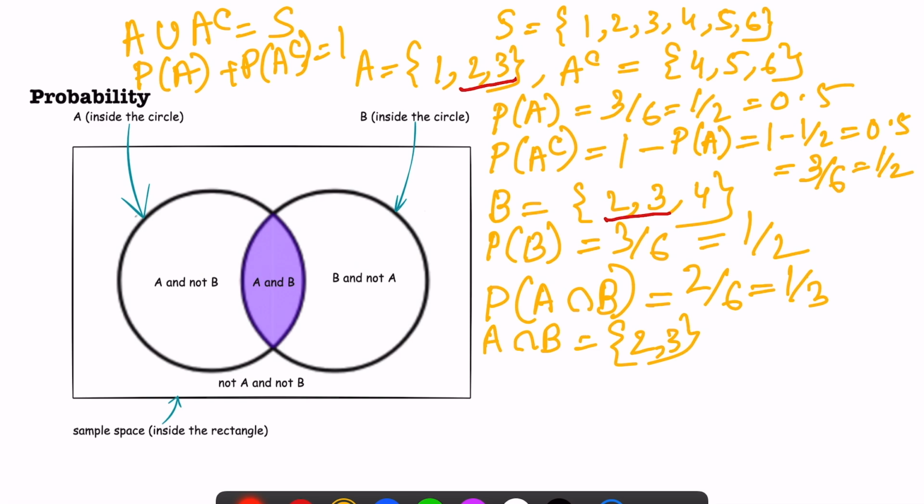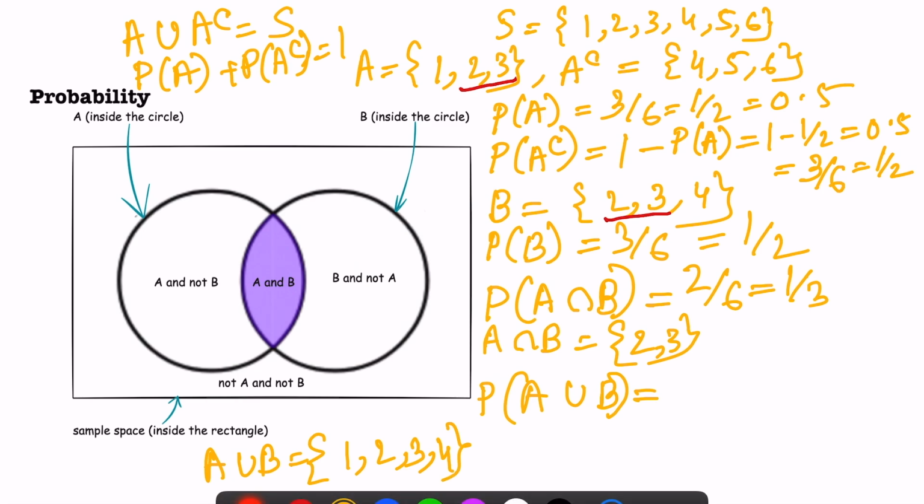Now what will be the probability of A union B, or A or B? Basically we know A union B is 1, 2, 3 and 4, right?